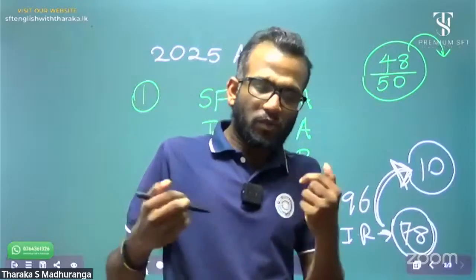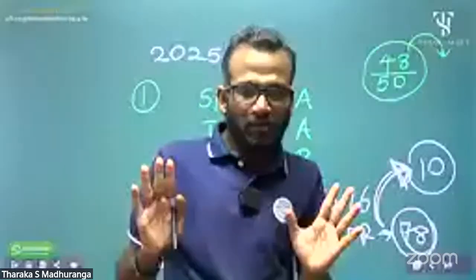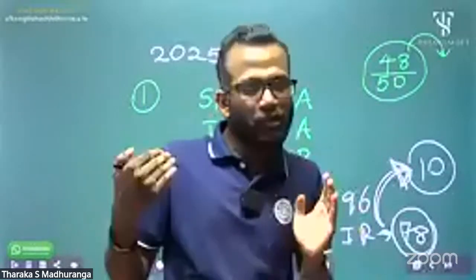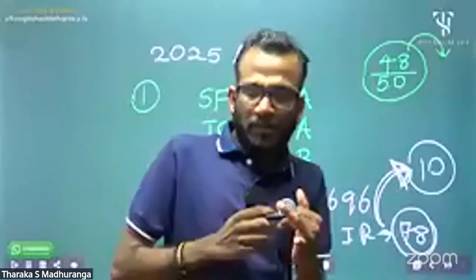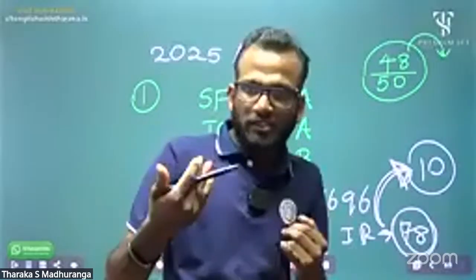Okay, now 25 students, I did my maximum for SFT. I gave all papers, I translated them into English, and I gave all types of papers: model papers, past papers, term test papers and provincial papers, everything I translated.